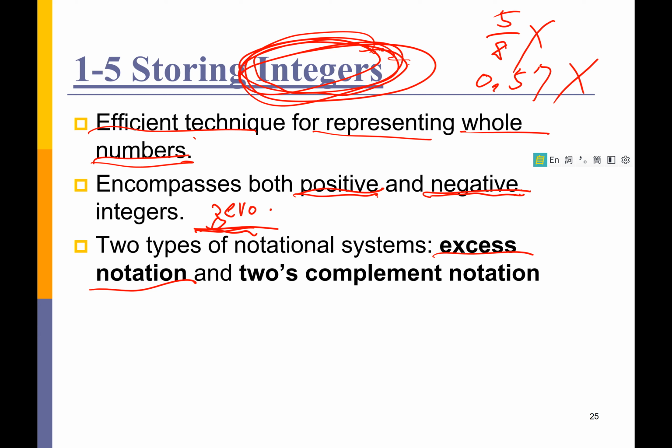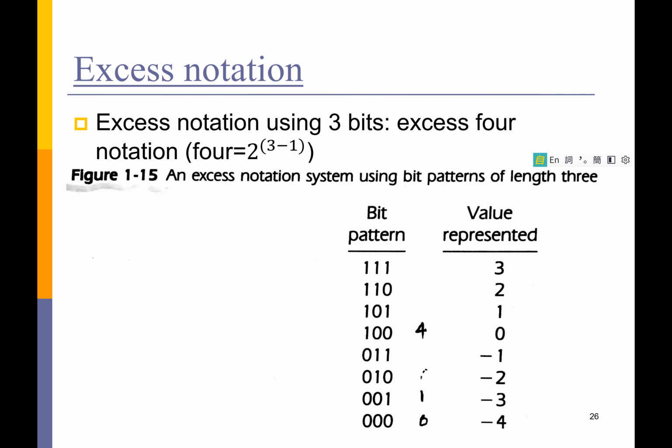Now, two types of notation system can be used for integers. We are going to look at the first one, called excess notation. And there's another one called two's complement notation, which comes after we complete the excess notation.